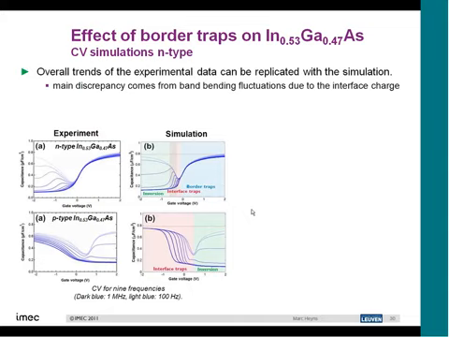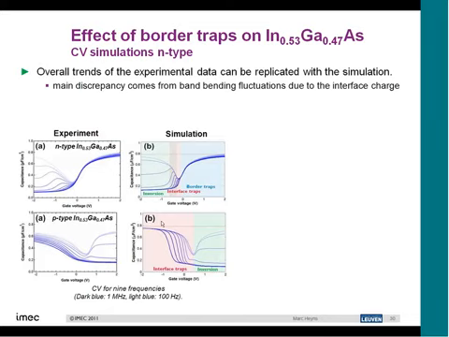So these are traps located in the oxide, very close to the interface, that can easily exchange charge with the silicon due to the low effective mass of the carriers, giving them actually a very effective short tunneling time or actually a long tunneling distance.